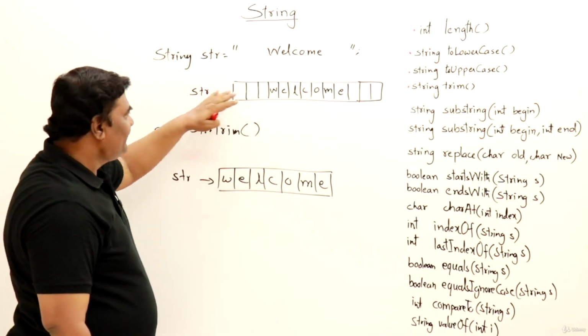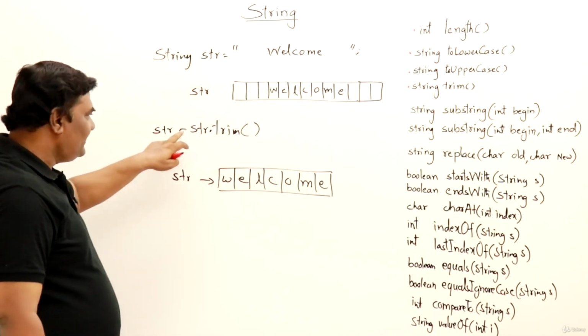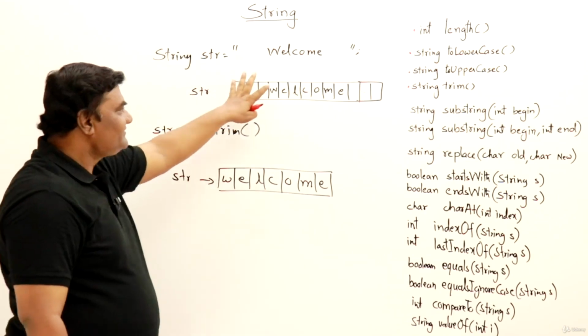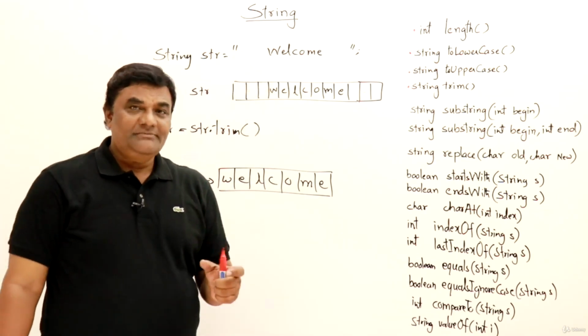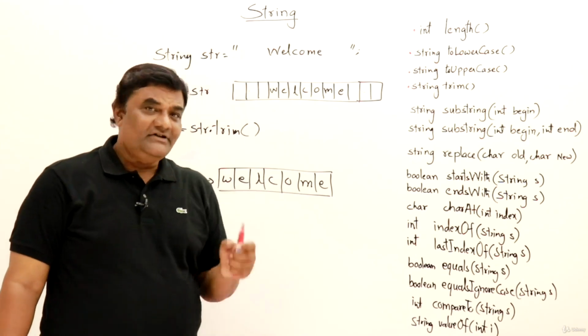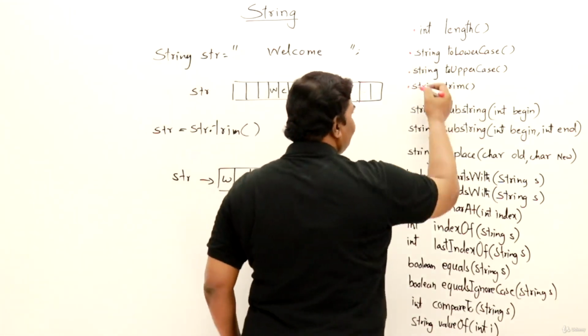The old object will be gone, because we have given str assign str.trim. As I just now said, strings are immutable, so a new object is always created if any modification is required. So that's it, we have finished with these functions.